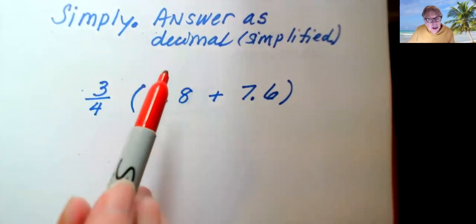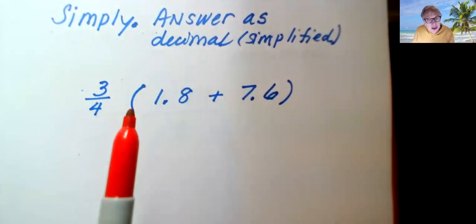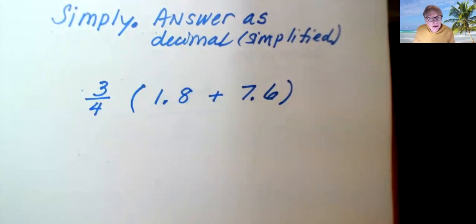This last section is about simplifying problems that have both fractions and decimals in them. So when you see that, there's typically a better way to go. In other words, make it decimals because that would be good, or sometimes fractions are easier to work with.